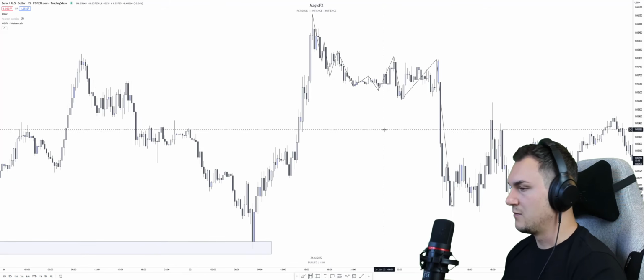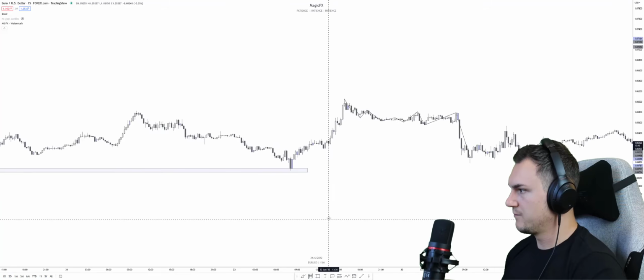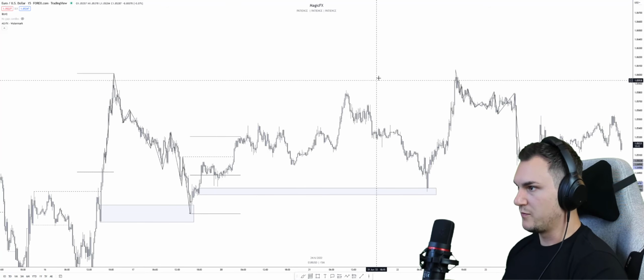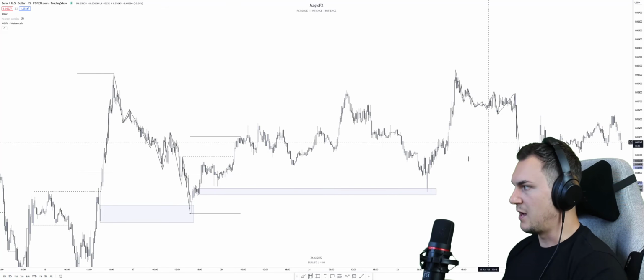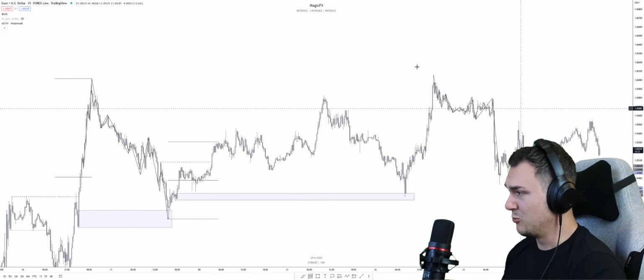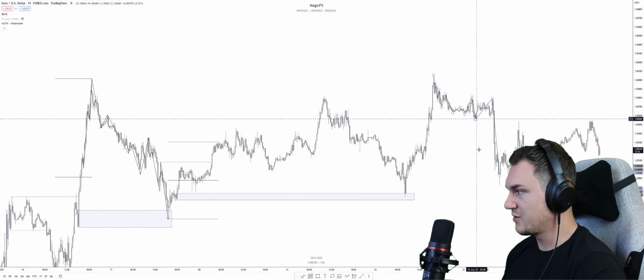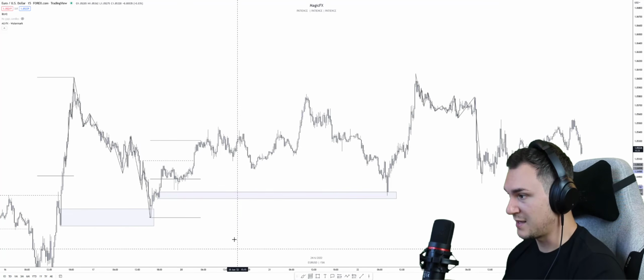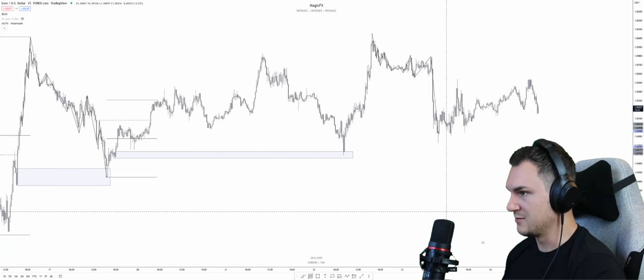So you get that push up into more of a premium zone, swept the high, cemented a high, formed internal structure, and then just following the order flow of that internal structure, you could frame up a short from there down into, again, these discounted zones.